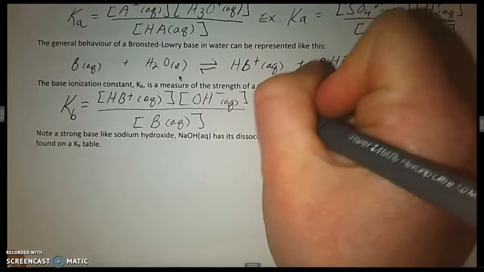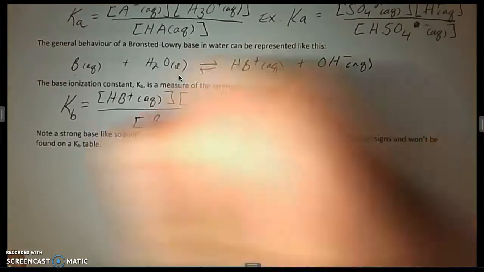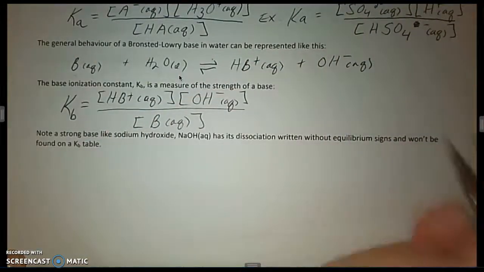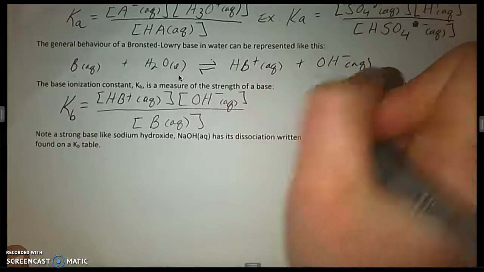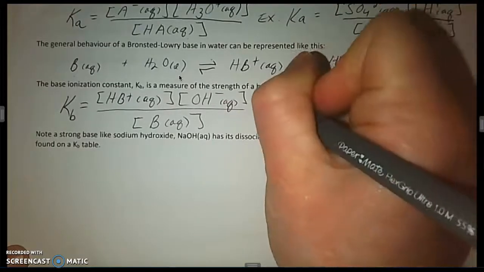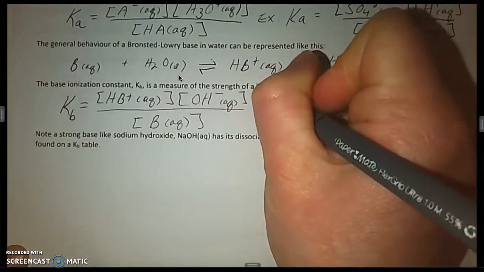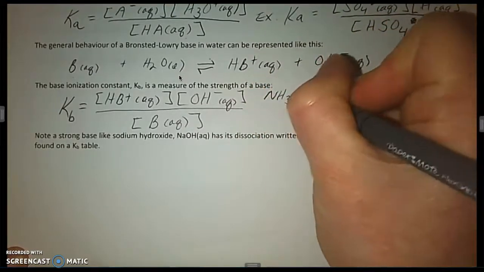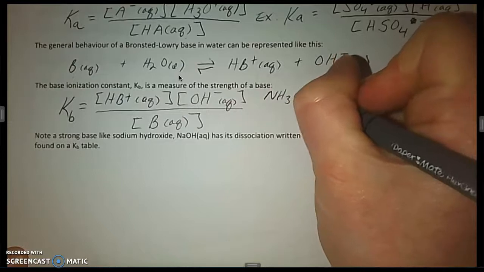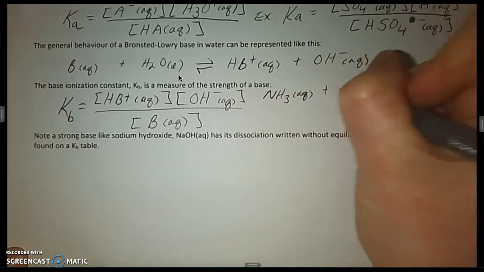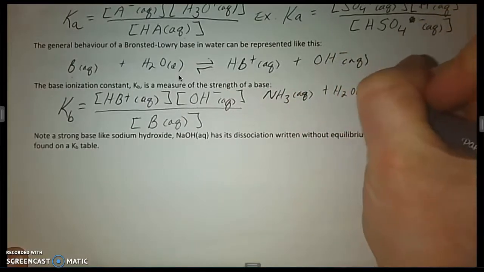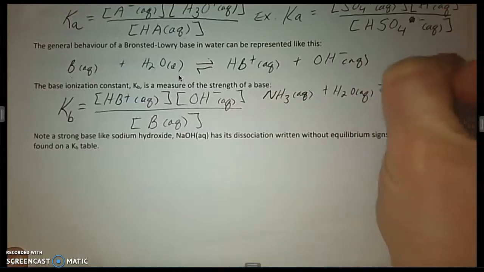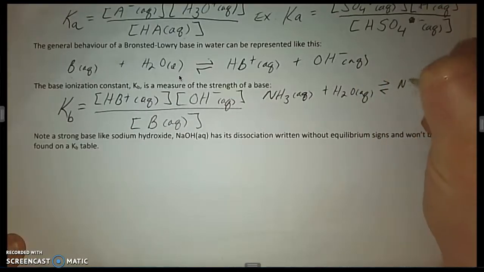A specific example of that, if I want to think of a weak base, our kind of classic go-to example of a weak base is ammonia, NH3. So a specific dissociation reaction would look like this. NH3 plus H2O reacts to produce ammonium.